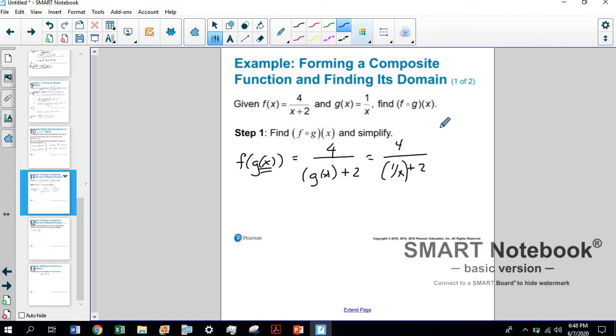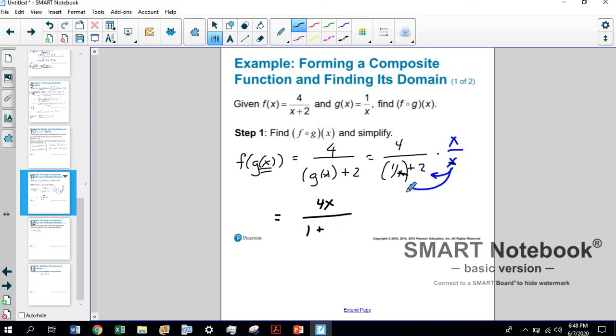And then if we clear the fractions, you can also do complex fractions by finding a lowest common denominator in the bottom. If you need to take extra steps, that's great. Distribute the x. What happens? On top, we get 4x. On the bottom, x times 1 over x becomes 1.